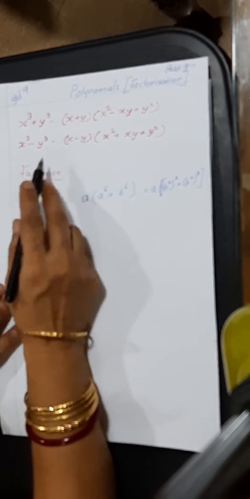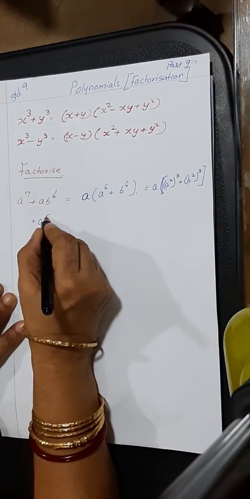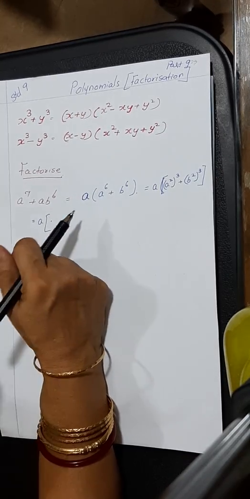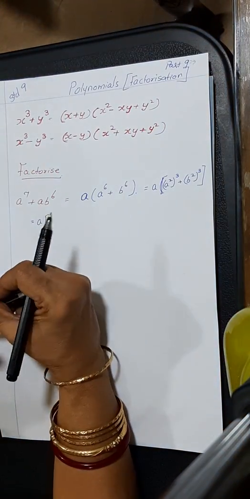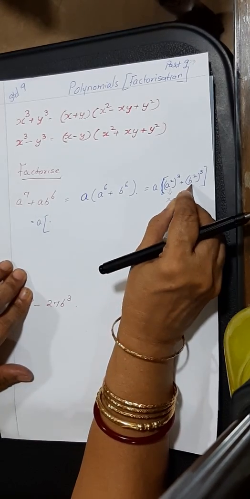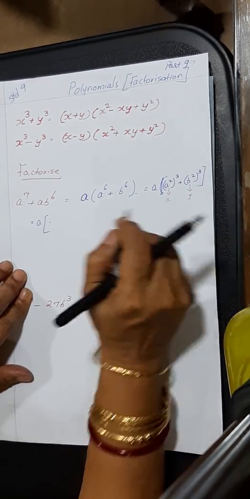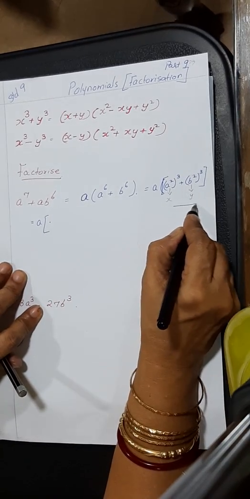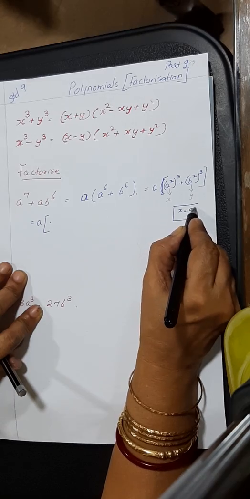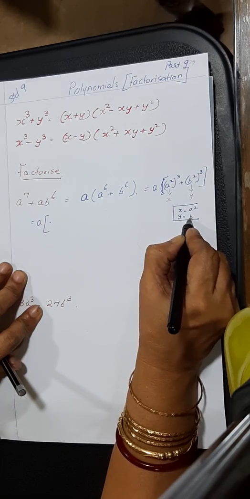So substituting, it will be A into, x will be A squared and y will be B squared.